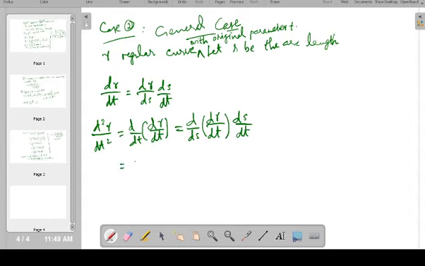That is equal to d by ds of, what is d gamma by dt? This one, d gamma by ds into ds by dt, into this ds by dt.